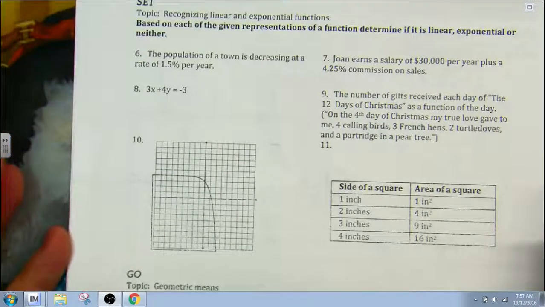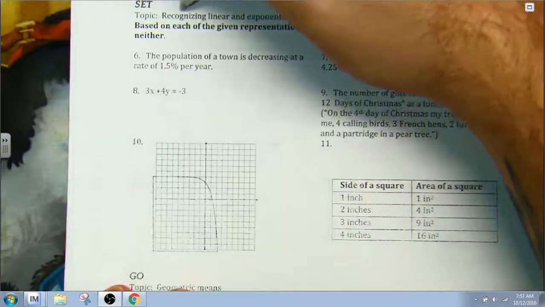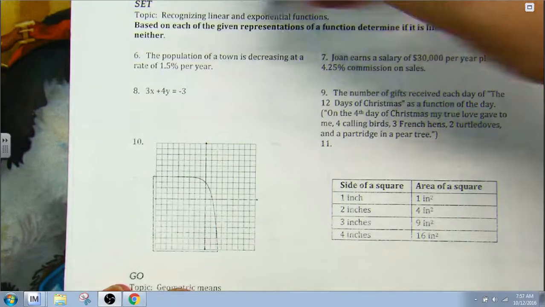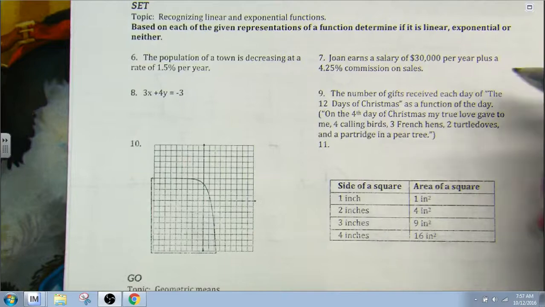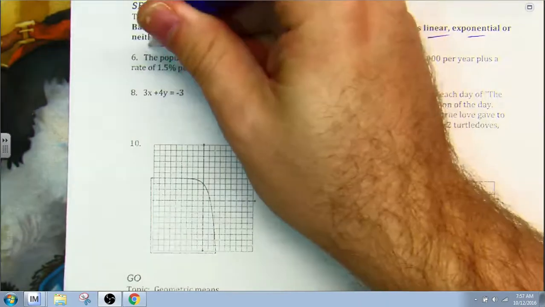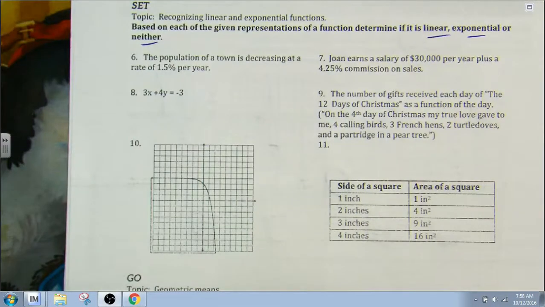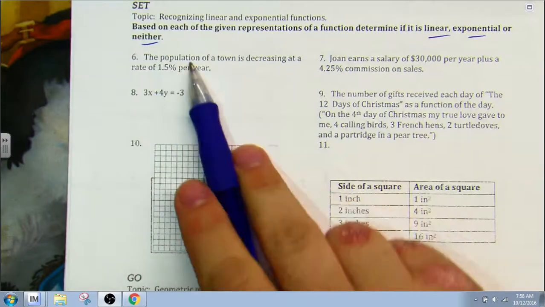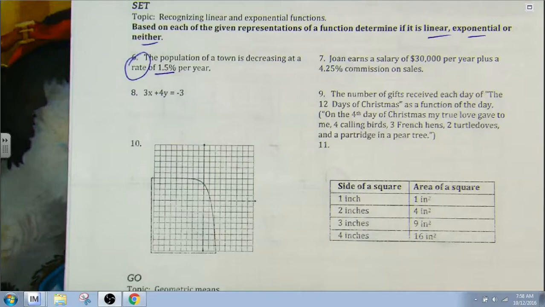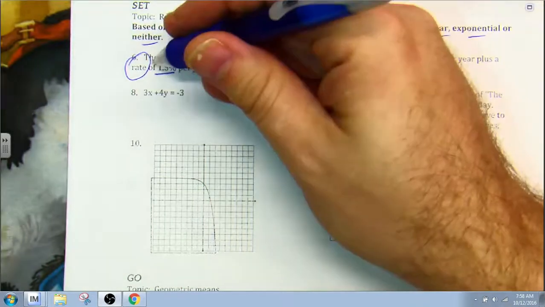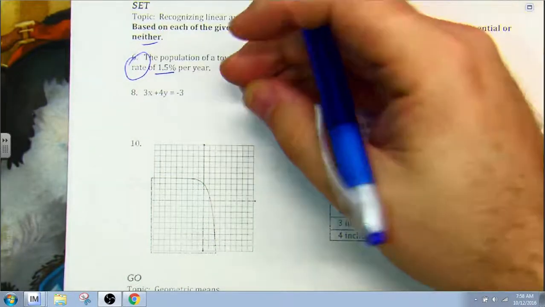The second section's topic is recognizing linear and exponential functions. Based on the given representation of a function, determine if it's linear, exponential, or neither. And so let's do that. The population of a town is decreasing at a rate of 1.5%, so it's shrinking 1.5% every year.